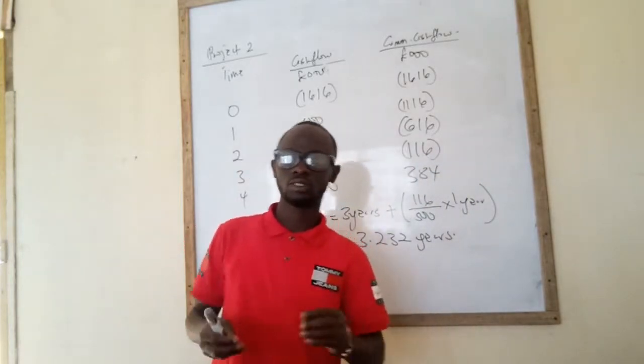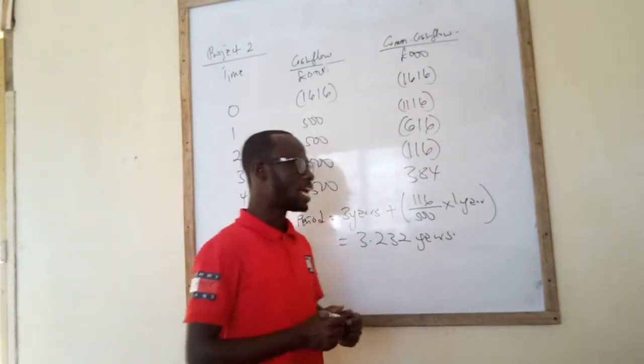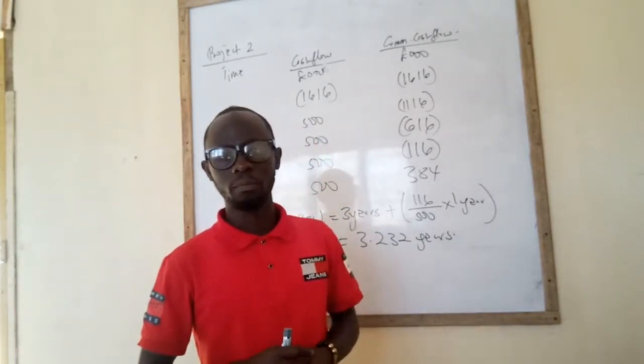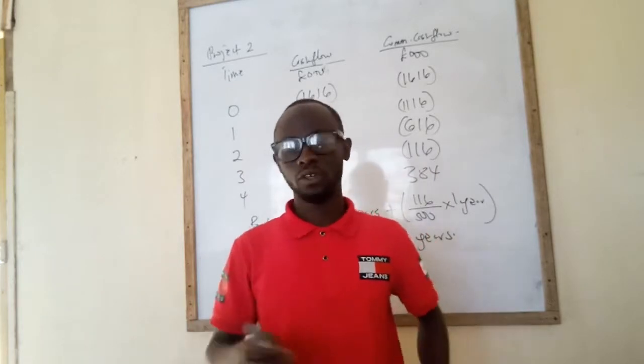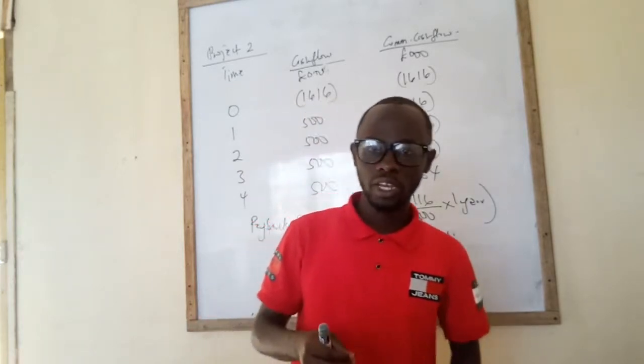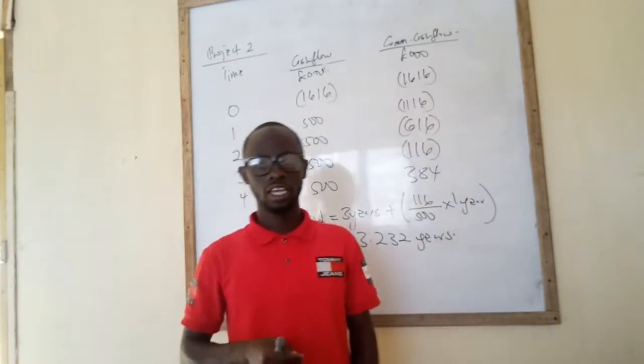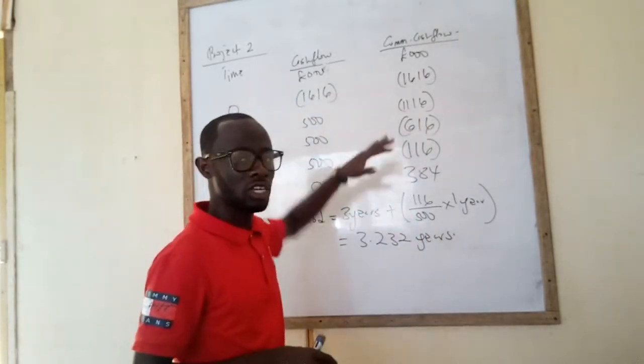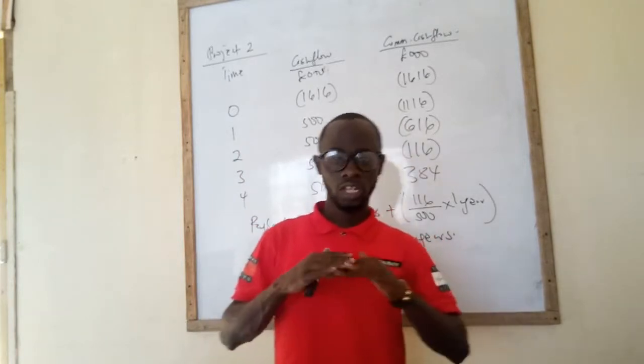So in that circumstance, since project 1 has a lower payback period than project 2, we say that the company should accept or undertake project 1. So this is how the payback period is done. Very, very simple, straightforward.